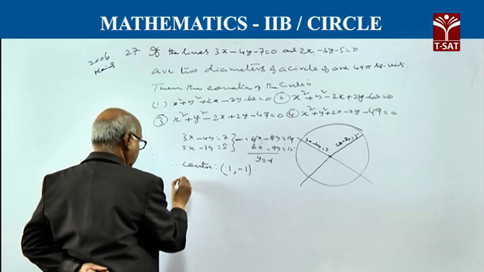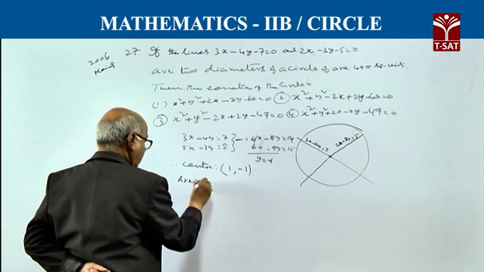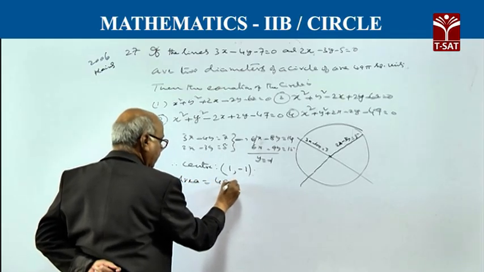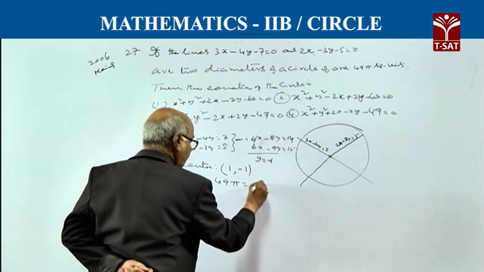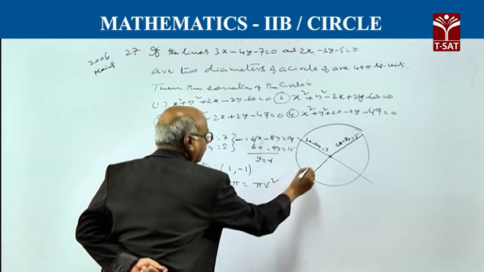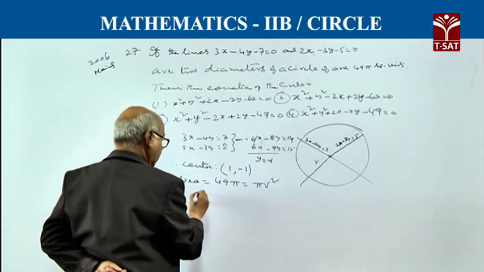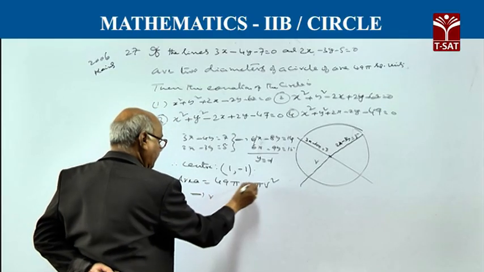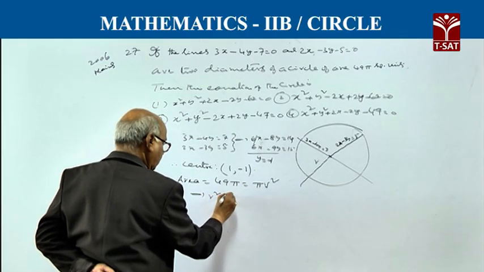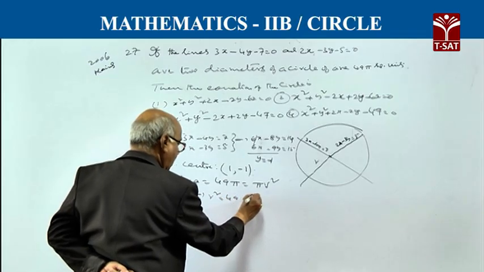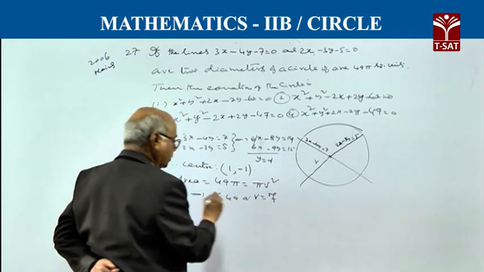Now the radius. Area is equal to 49 pi, which is equal to pi r square, where r is the radius. So pi will cancel, r square is equal to 49, or r is equal to 7, because it is positive.